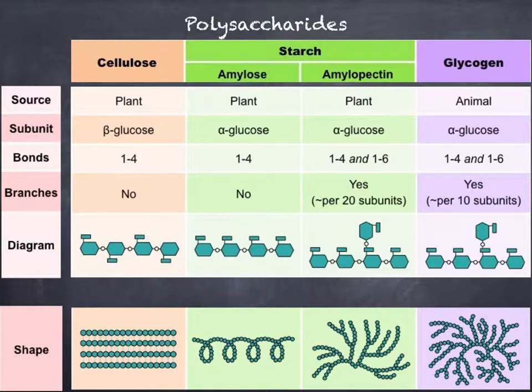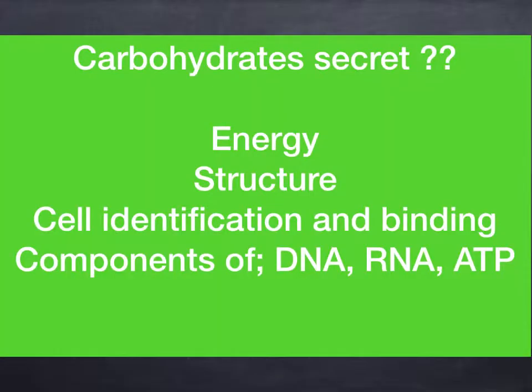You can see that they are stacking above each other in a very nice way, which adds strength to the structure. So carbohydrates supply us with energy, energy for life, and not only energy, but structure in certain kingdoms, including plants and crustaceans, cell identification and binding, and also especially pentoses are components of DNA, RNA, and ATP. Thank you.